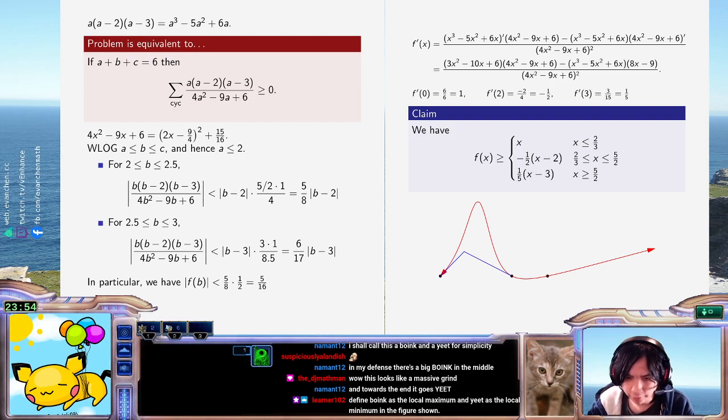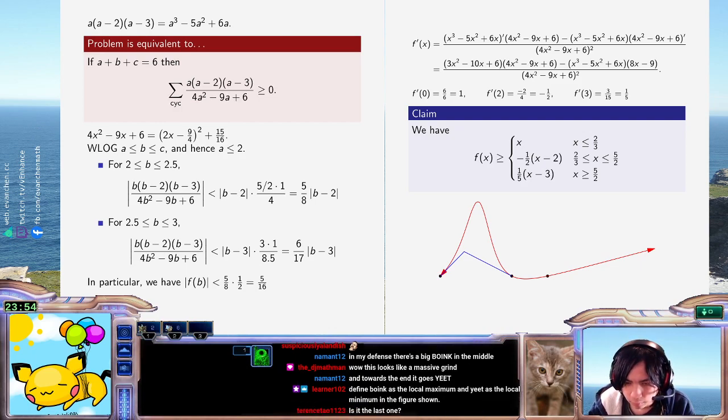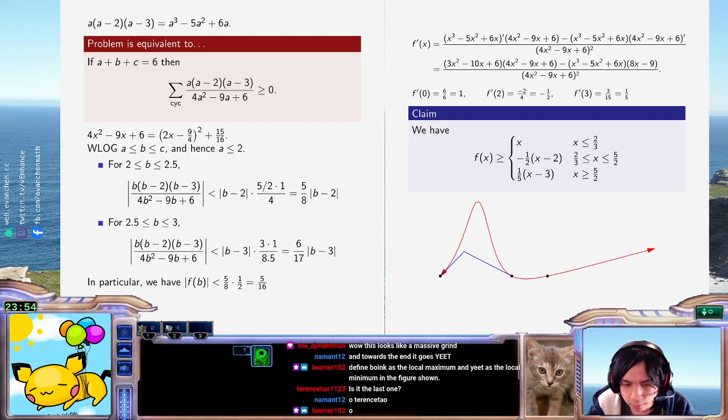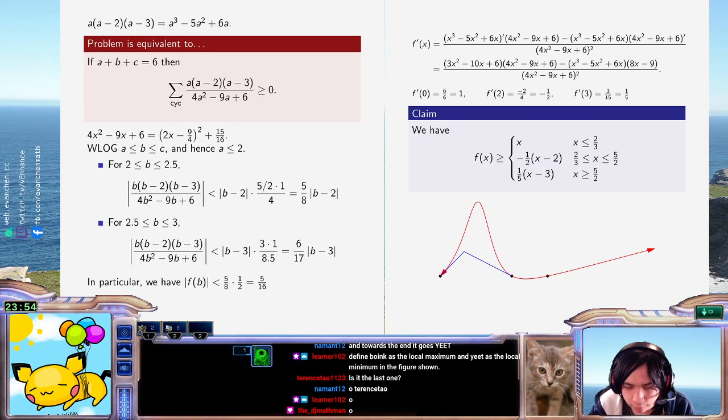So these meet at 16/7. And at 16/7, the point is minus 1/7. And then back up to 3, 0, and then to like, I don't know, 4.